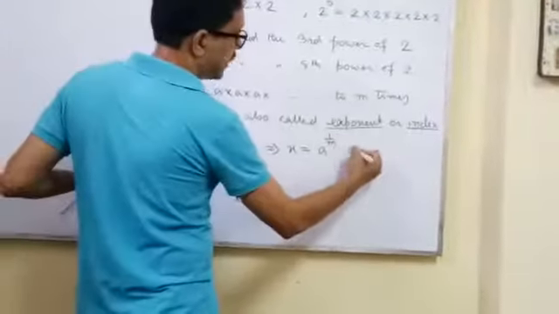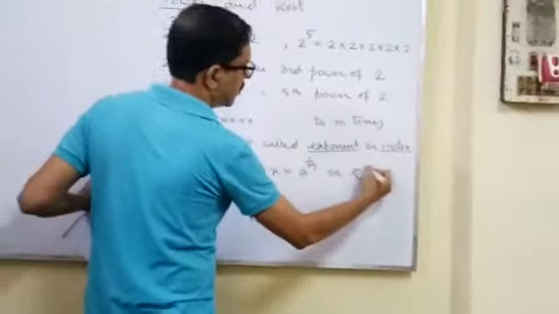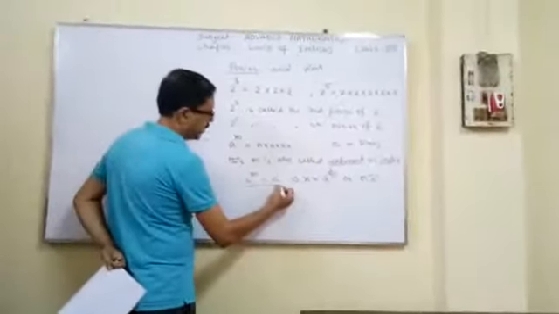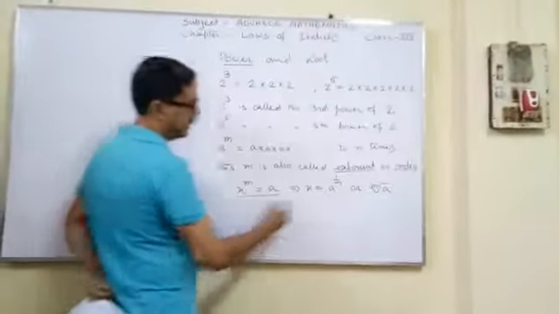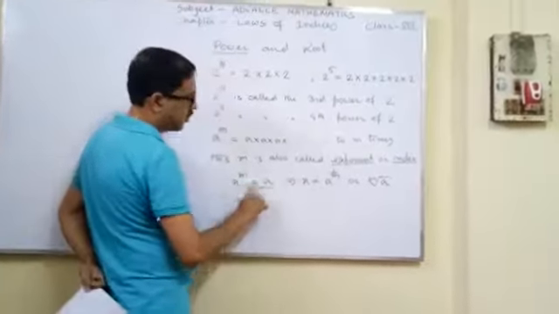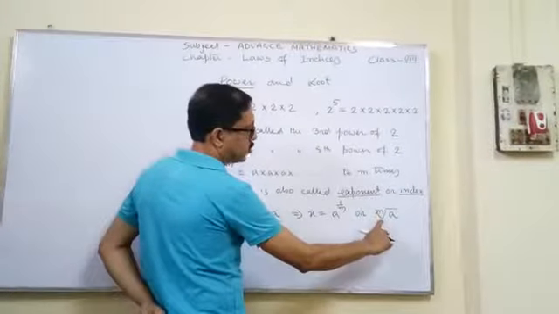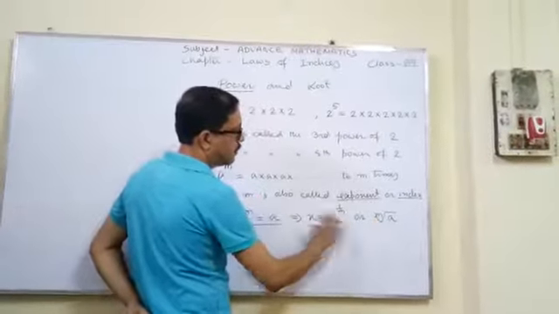This is also called the mth root of a. Here if we suppose that x to the power m equal to a, then we write this x is called the mth root of a, or a to the power 1 by m.